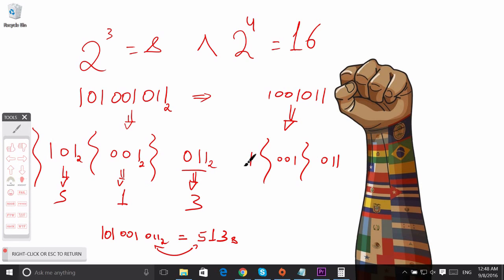Now in here we can just add zeros to the left, and this binary number will be 3, 1 and 1. This means that 1001011 in binary is equal to 113 in base 8.